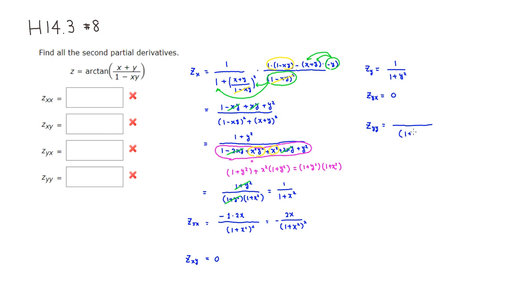It's 1 plus y squared, squared, and it's going to be negative: the partial of 1 is 0 times the denominator, minus the top times the partial of the denominator, which would be 2y. So this is going to be negative 2y over 1 plus y squared, squared. So again, we could have just switched x and y there.